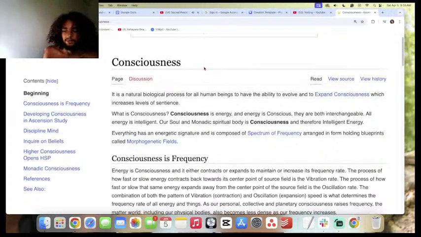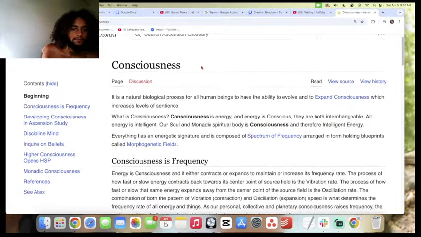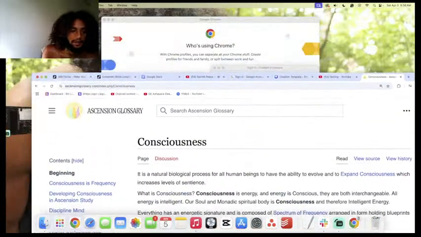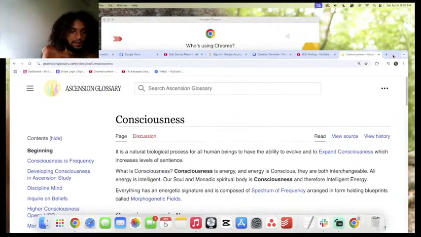This is probably gonna be the first clip that I'm gonna cut out from this live, just to put out there. Okay, I don't know how many individuals are watching, but that's fine. Let's break down consciousness, right? So this is an excerpt from the Ascension Glossary, as y'all can see. Well, y'all probably can't see that, but if I move it to the side, y'all can probably see it, the Ascension Glossary right here.